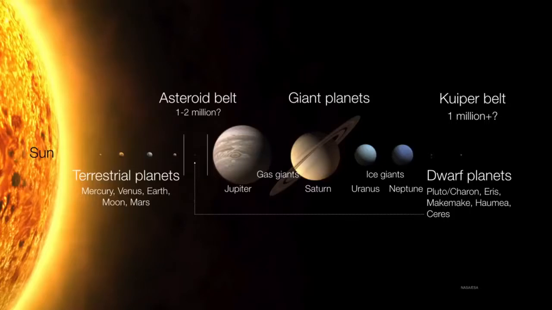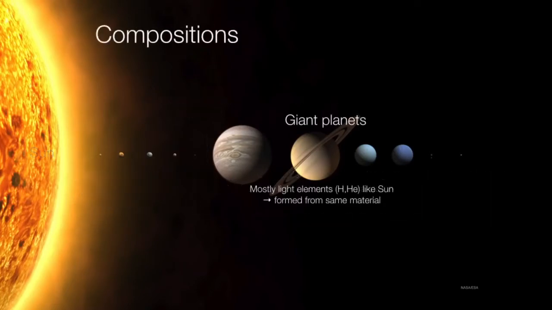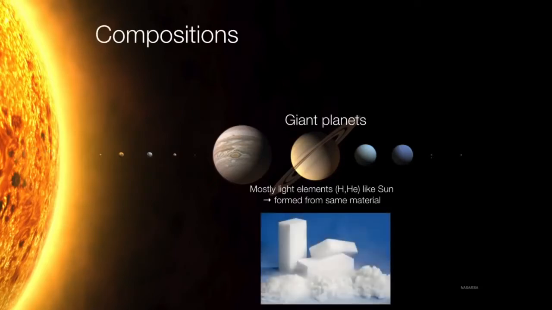As we gaze around the solar system, we find there's a variety of objects, namely giant planets and terrestrial planets. Giant planets are composed of mostly lightweight materials, what we call volatiles. For example, this is dry ice, frozen carbon dioxide, and frozen ammonia.